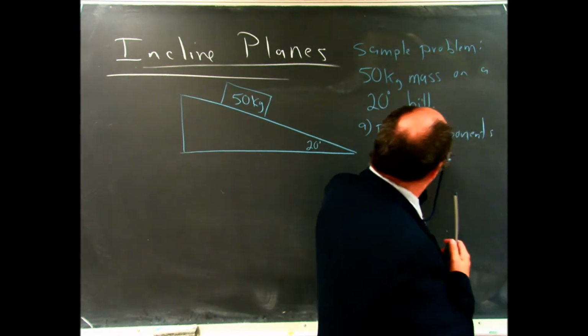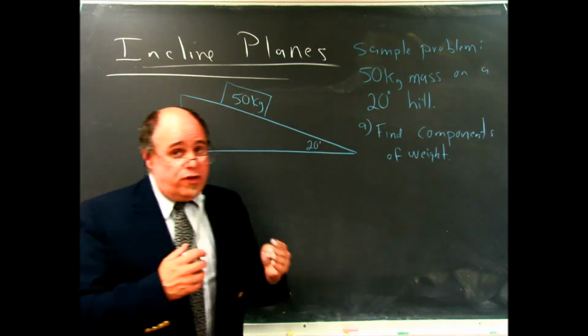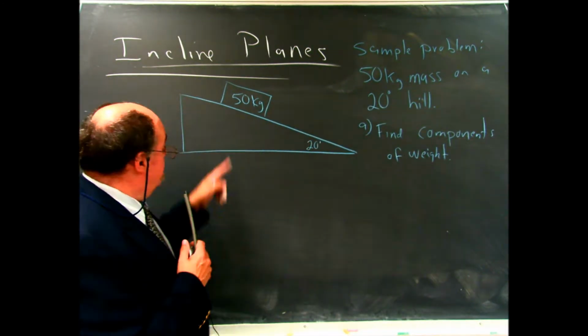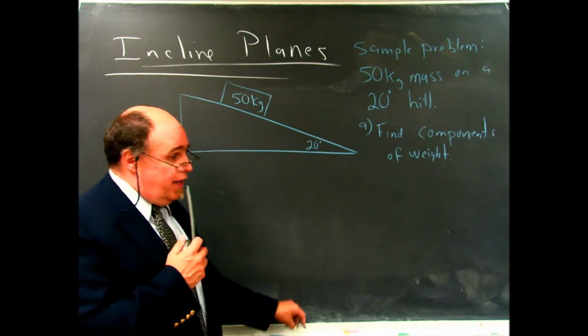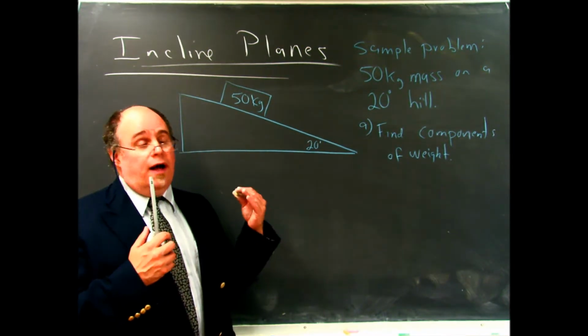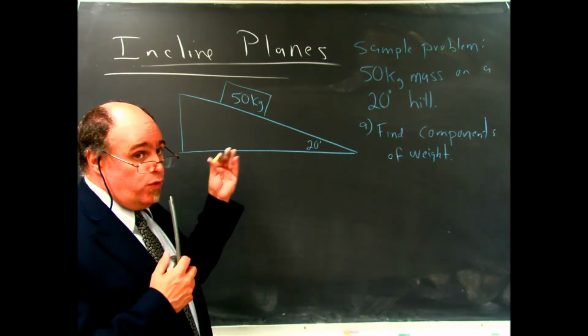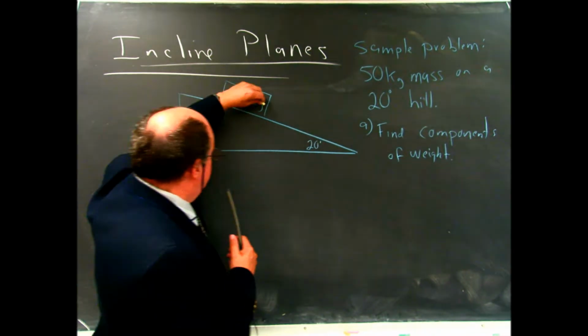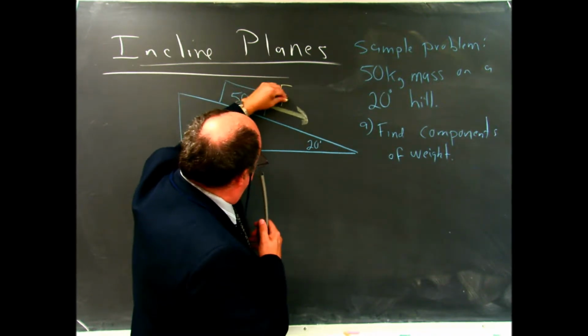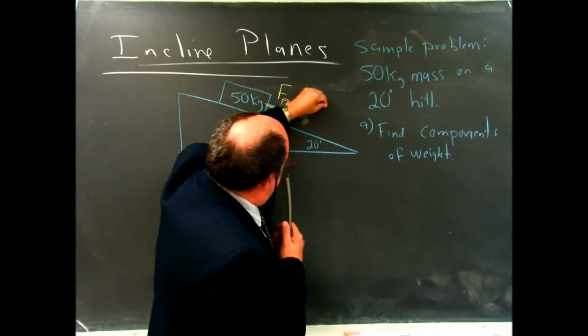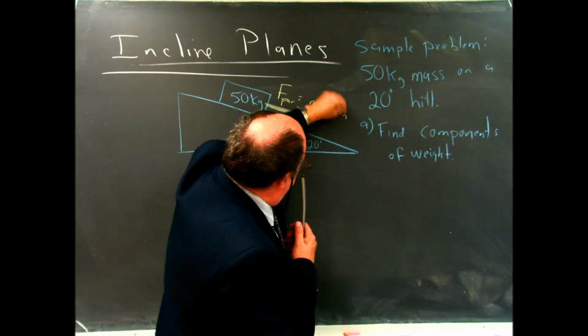Okay. Well, I don't want to just find the weight. Weight is a vector that's going straight down to the center of the earth. But when you're on a hill, the only two forces that should be drawn right away for the free body diagram would be the force going down the hill, and this is called force parallel, which is m times g times sine of the angle.